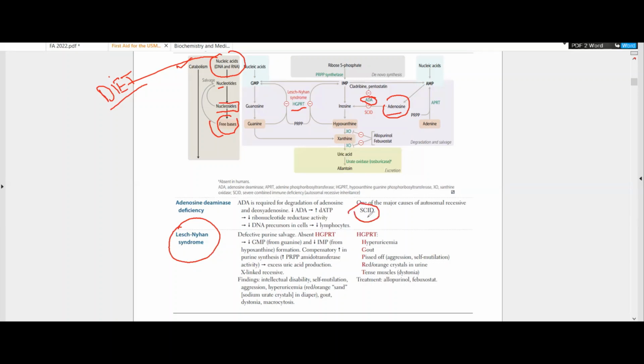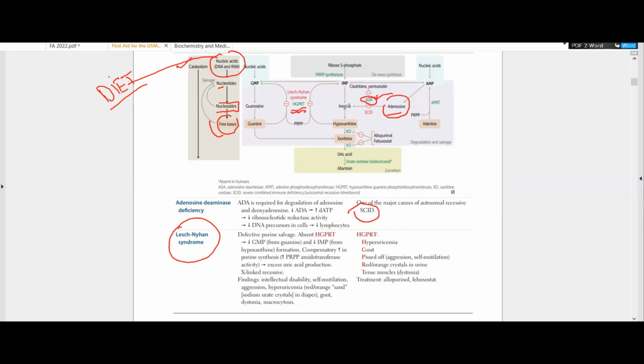SCID is severe combined immunodeficiency disorder. ADA deficiency is super high yield stuff, and hypoxanthine guanine phosphoribosyl transferase is again super high yield.